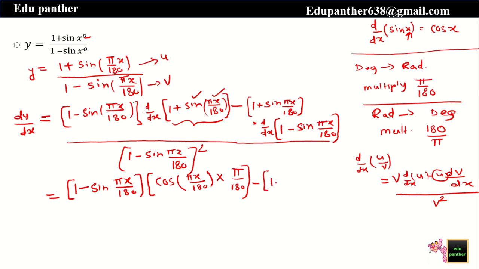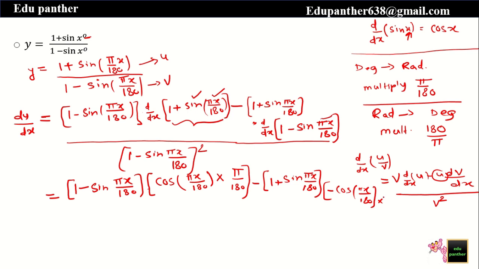Minus, similarly, second bracket, so first bracket will be as it is, 1 plus sine pi x upon 180 into, similarly, derivative of this bracket. So derivative of 1 is 0, then minus sine, derivative of sine is cos pi x upon 180 and multiplied with derivative of this inside term, which is pi x upon 180.